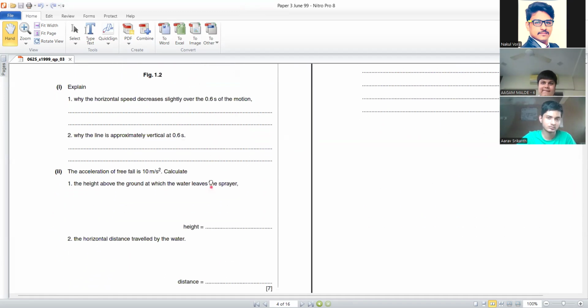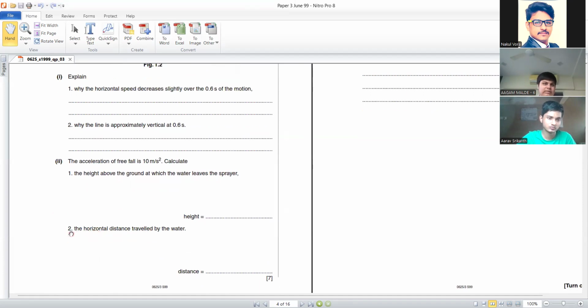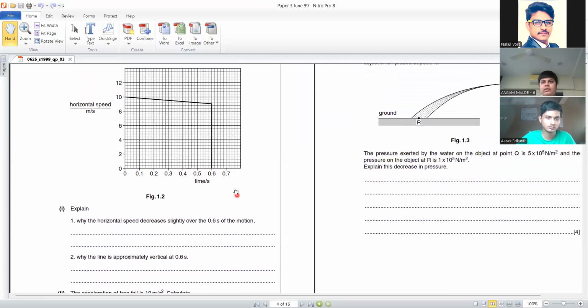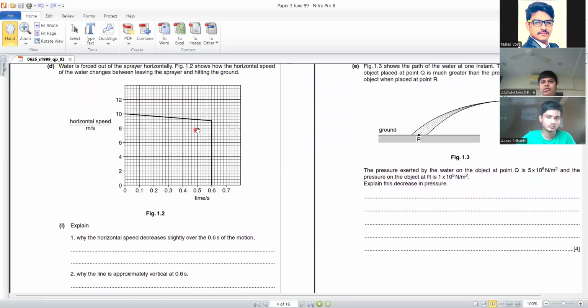Just a second. There's a second part also: the horizontal distance traveled by the water, and the height above the ground at which the water leaves the sprayer. If my speed has reached 6 meters per second, do I know the speed?